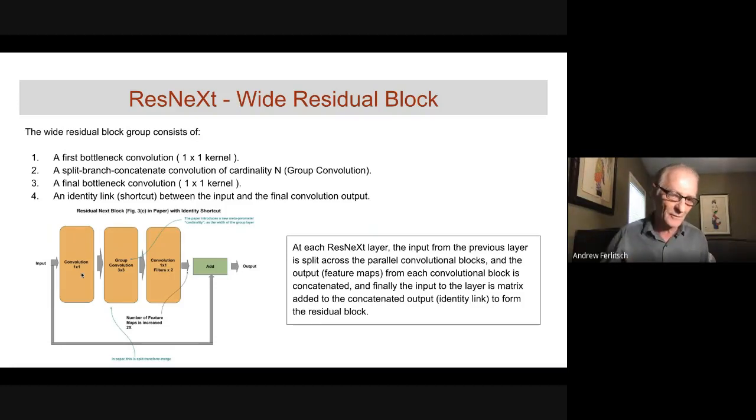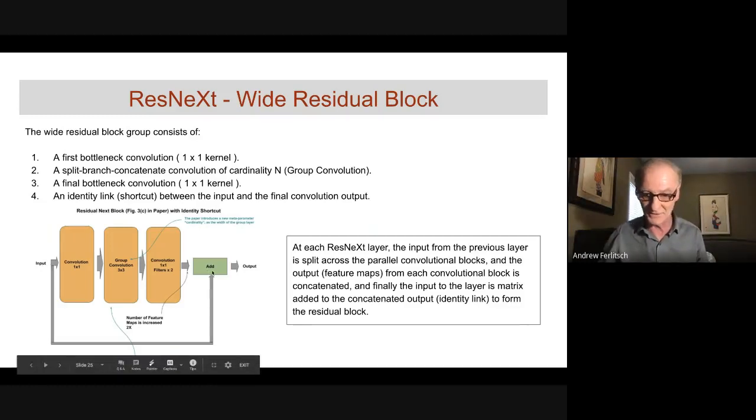Here what's different is we replaced the 3x3 regular convolution by what they called a group convolution. In a group convolution, we take all those feature maps and split them into groups. Each group separately goes through a convolution, and then their outputs are all concatenated together. And again, like a residual block, in the end, the input is added to the output.